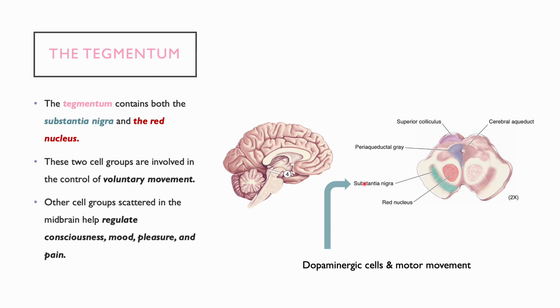The substantia nigra is actually a key part of the basal ganglia, and we're going to talk more about that on the next slide. The red nucleus shown here is a structure in the rostral midbrain that's involved in motor coordination. The reason it's this pale pink color is it's believed to have the presence of iron in two different forms, including hemoglobin and ferritin.